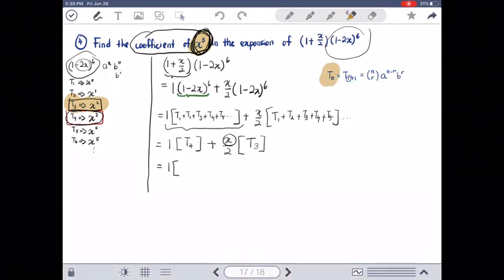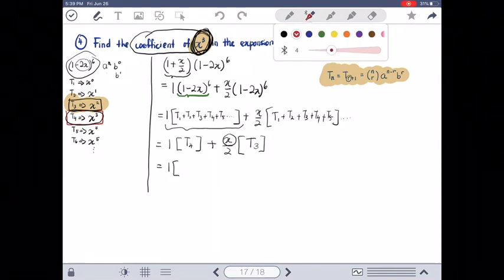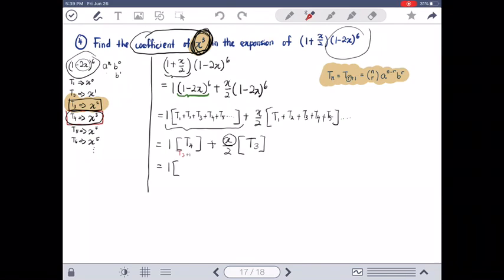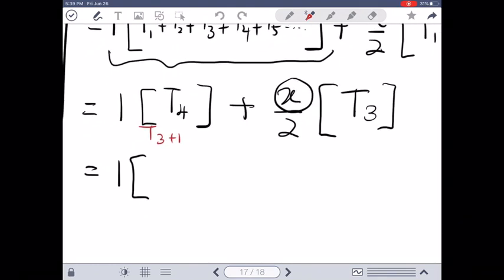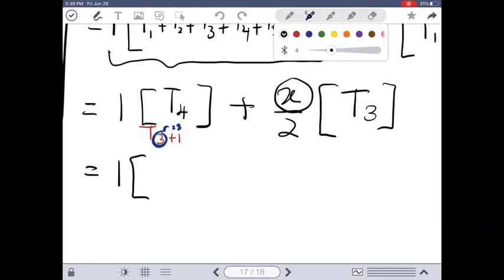So this is the formula of the nth term of the binomial expansion. So we only consider the fourth term. T4 is equal to T3 plus 1. So our r in this case is 3. Okay, this is our r.